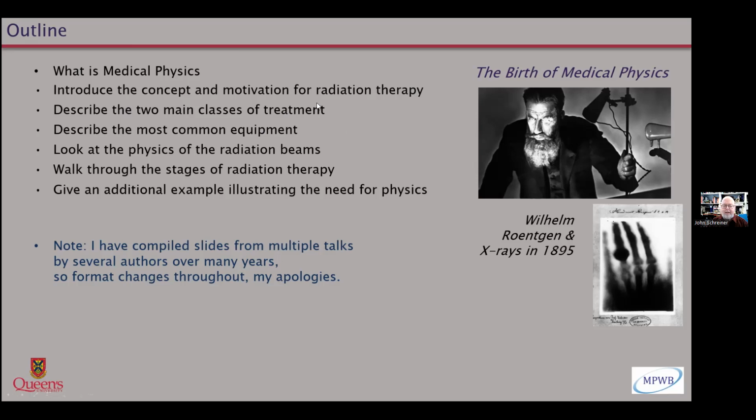I'll discuss the two main classes of treatment that we use, describe some of the common equipment. We'll look at a little bit of the physics of these radiation beams that are coming from the machine. And then we'll walk through what the process looks like. What does radiotherapy look like? And give some examples to illustrate the need for physics.